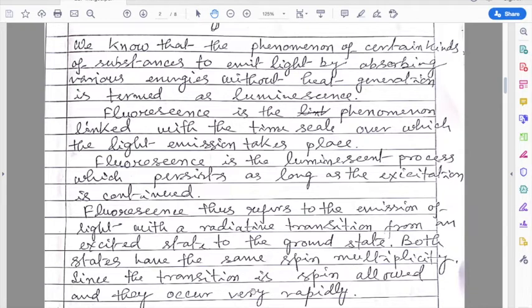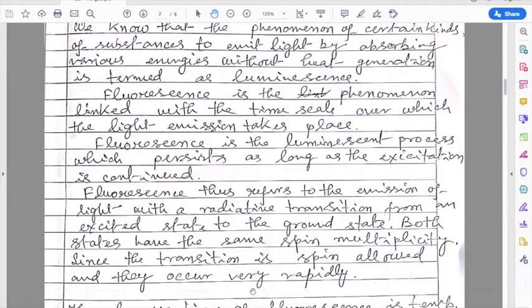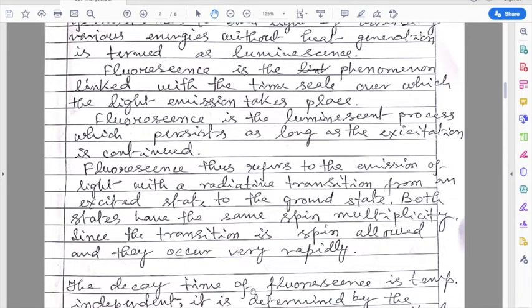As long as the light is incident on the fluorescent substance, we get the fluorescence light for that time scale only. Fluorescence thus refers to the emission of light with a radiative transition from an excited state to the ground state. Both states have the same spin multiplicity since the transition is spin allowed, and they occur very rapidly.